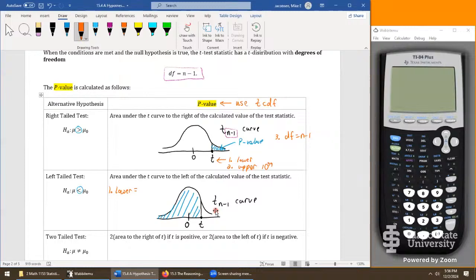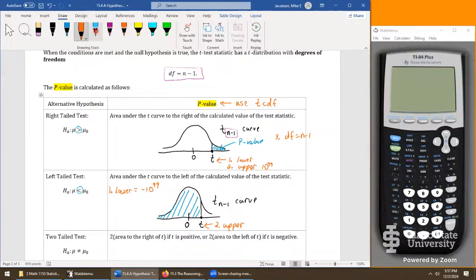The lower would it be the t? Well, the t in this situation would be the upper value. So this one is the input 2 upper. Yes, exactly, this is going to the left forever. So just as you said, negative 10 power 99 in this case.